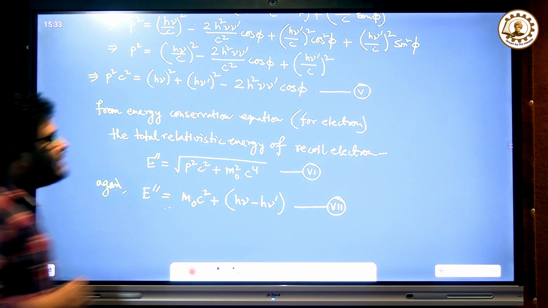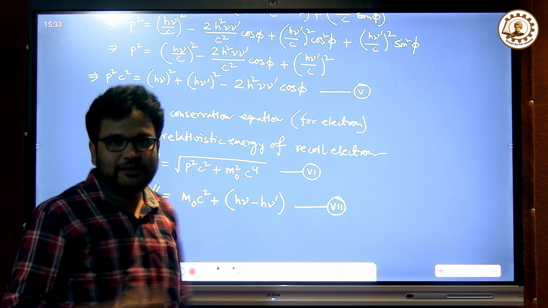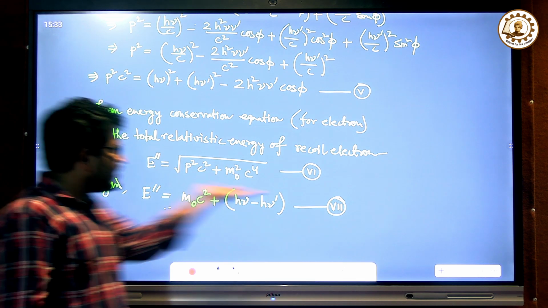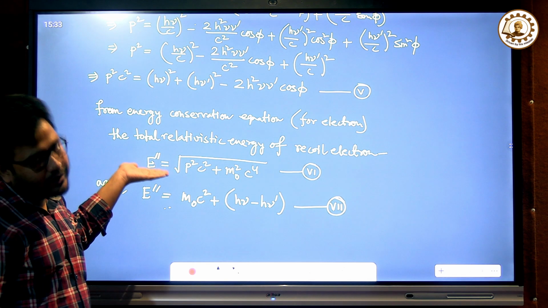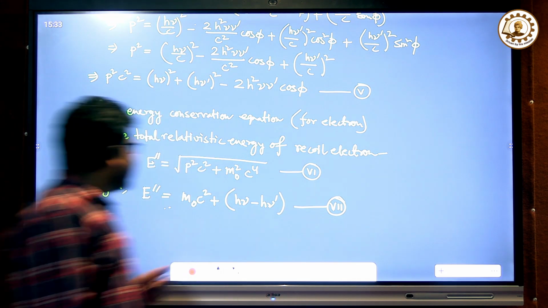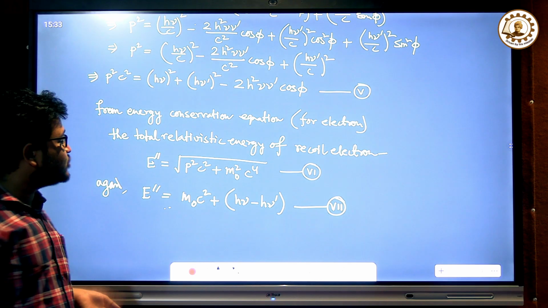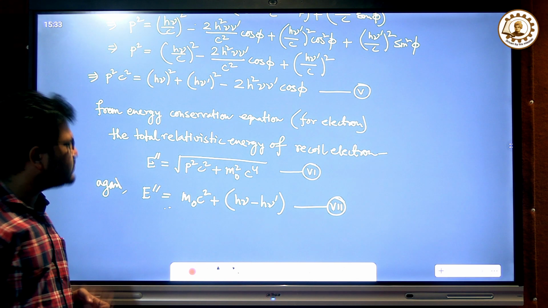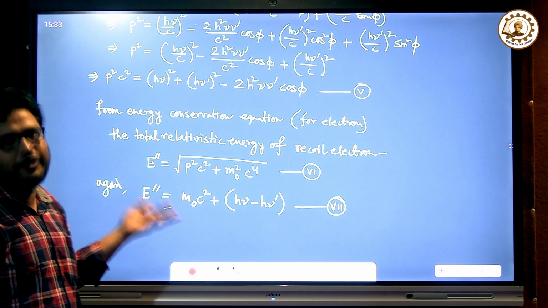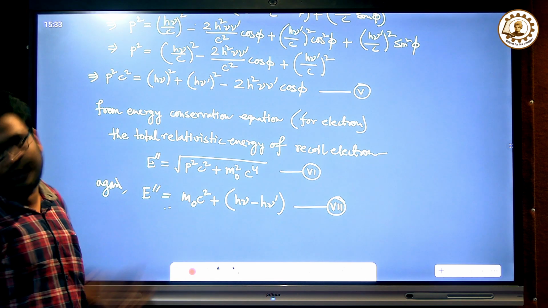Now, what do equation number 6 and equation number 7 tell us? Equation number 6 tells us it is the total energy of the recoil electron. Equation number 7 also represents the total energy of the recoil electron. So that means they both are the same, because they both represent the energy of the recoil electron.